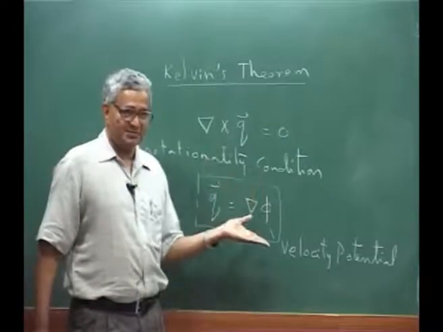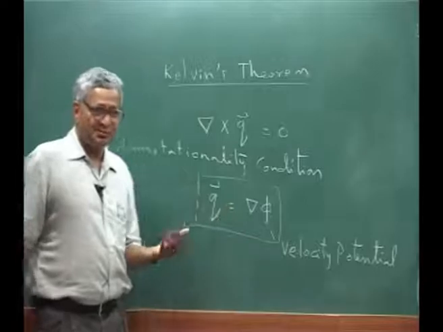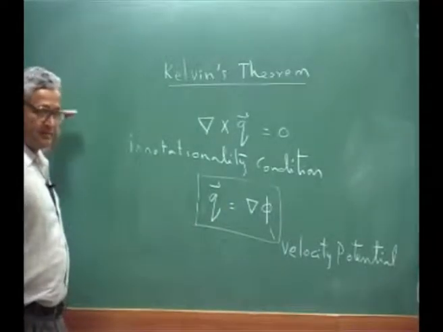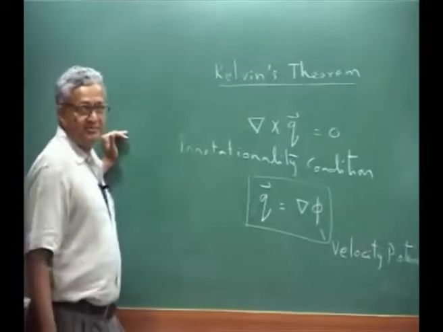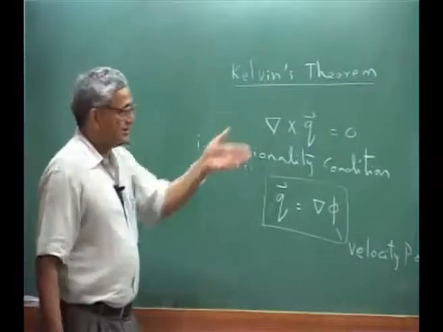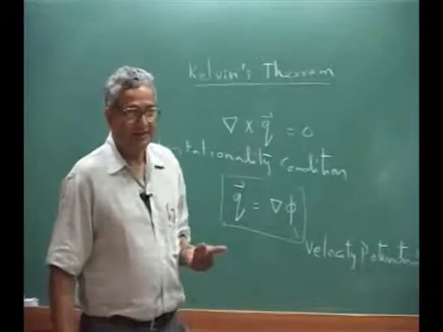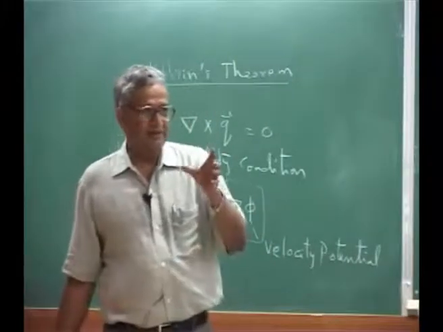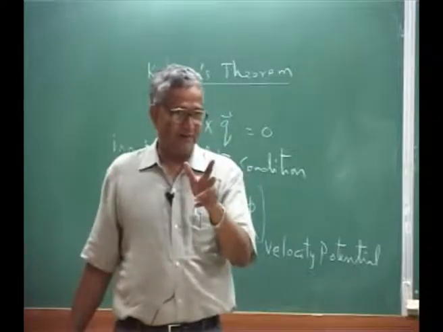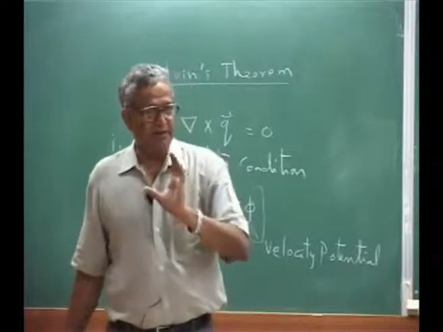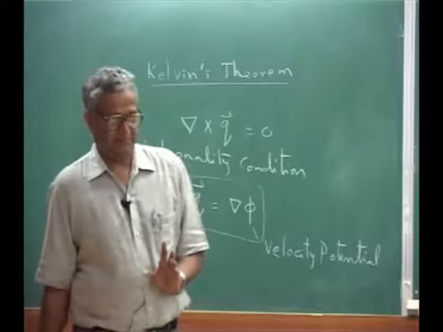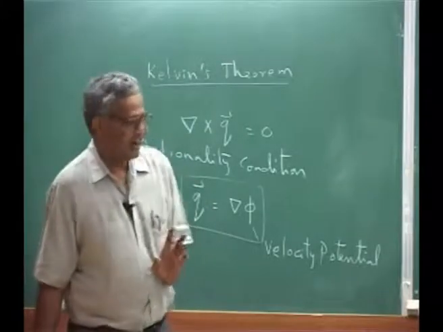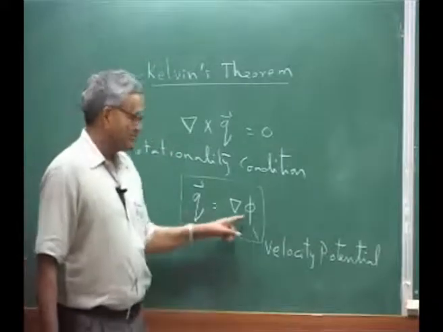We have the continuity equation, we have the momentum equation, and of course pressure is a function of density. We use these and simply reduce them into one equation, and that equation will be in terms of V.